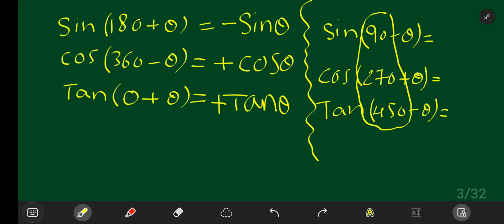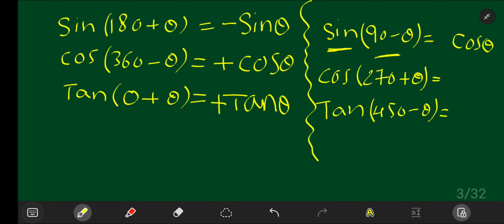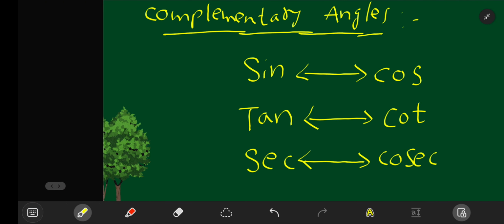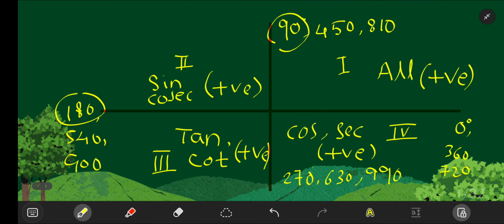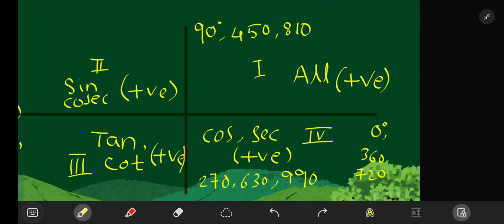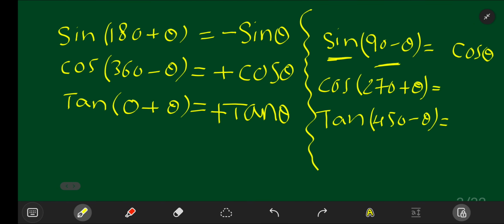It changes to its complementary function. Sine is complementary to cos, that means cos theta. 90 minus theta comes to first quadrant. So all are positive in first quadrant. That's why it is plus cos theta.